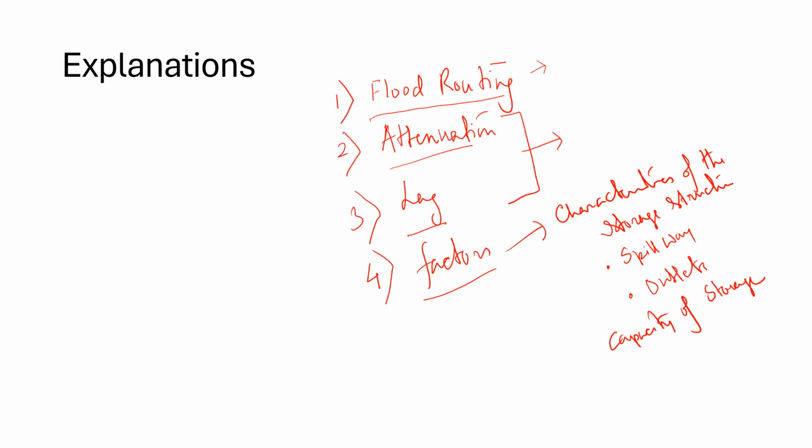Okay, so this attenuation and lag is controlled by characteristics of the storage structure, certainly. Not only storage structure, also the spillway, outlets, and also the capacity of storage structure. Now, by characteristics of storage structure, what do I mean?